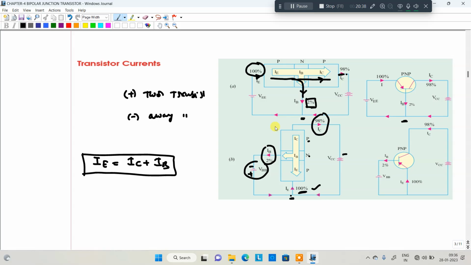Either NPN or PNP transistor, the emitter current is equal to IC plus IB. For the NPN transistor the same thing happens, the current directions are reversed, but the equation is the same: IE is equal to IC plus IB.